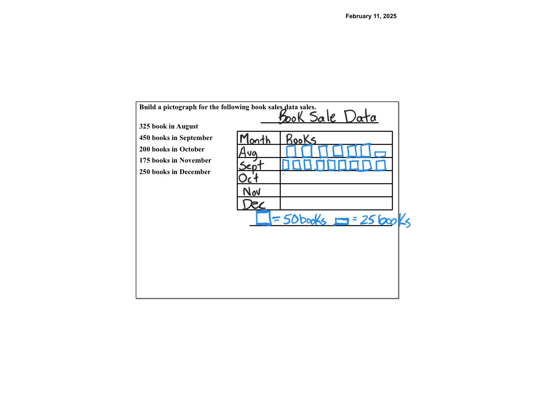October was 200. November, now this will be interesting. So we're going to have 3 and then 3 50s. And then a 25. And 250 would be 5.